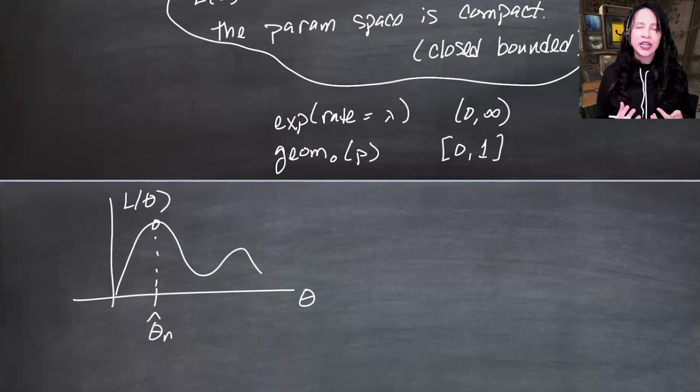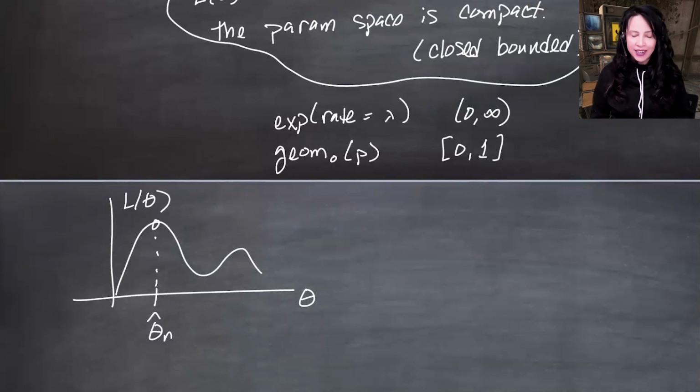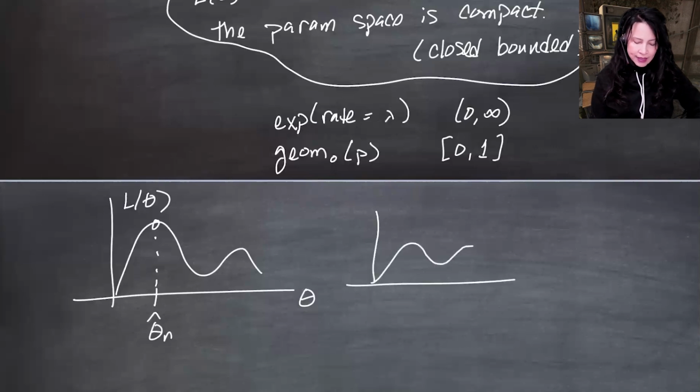But again, it comes down to your specific likelihood, your specific PDFs, the specific functions you're working with. So that's all I'm going to say about property 1 for MLEs. Under conditions, the MLE exists and is unique. Non-uniqueness would be something maybe bimodal, but exactly the same height. Then these would both be MLEs, and that's okay.